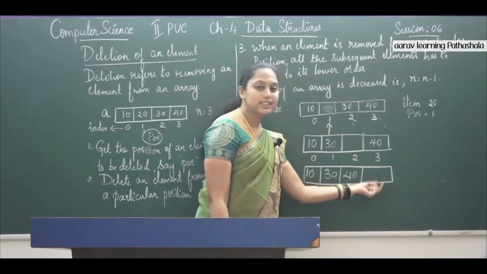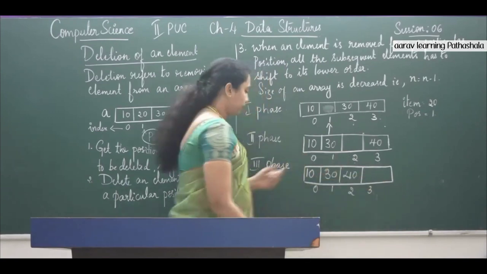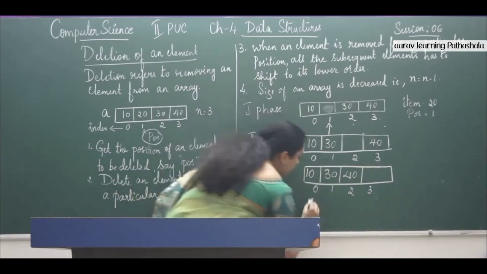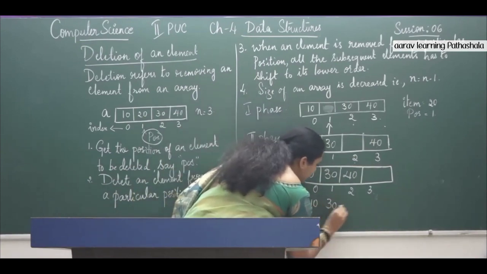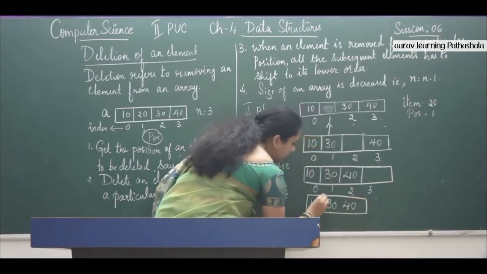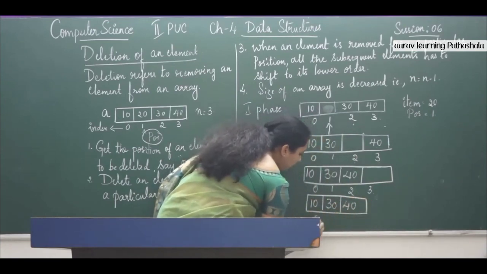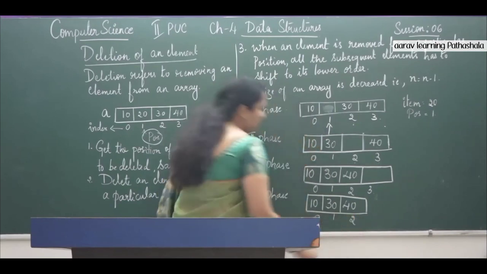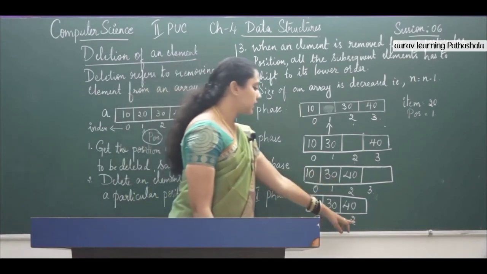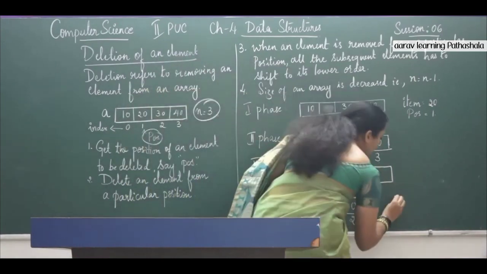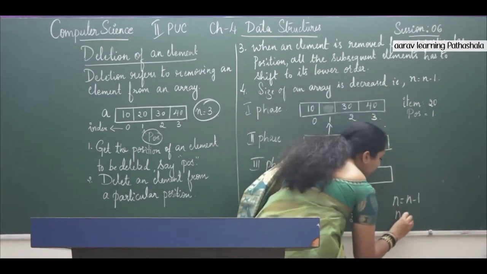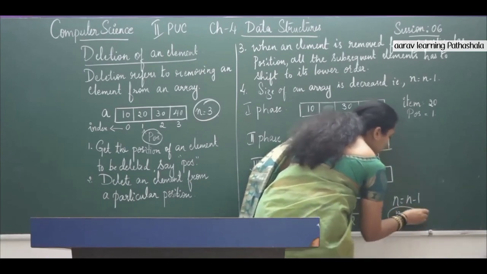So we are going to discard this position. So in fourth phase, the array A contains only the elements 10, 30 and 40. After deleting an element from an array, the array size is reduced by 1. That is, n is equal to n minus 1, which is nothing but n is equal to 2.